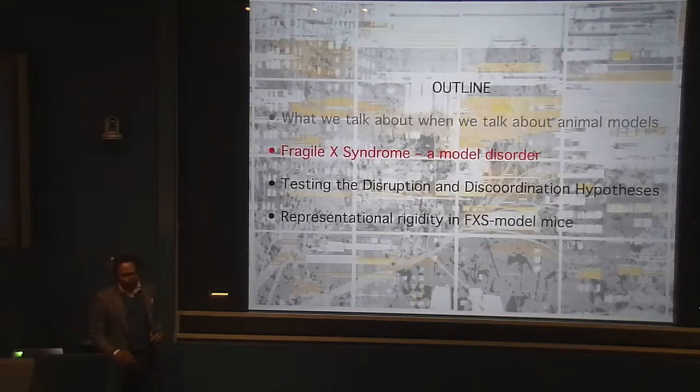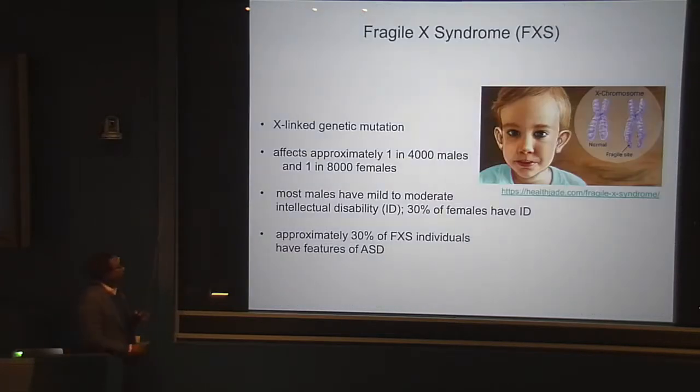So let's talk about Fragile X syndrome. In some sense, pardon the pun, it is itself a model disorder. Why is it a model disorder? Well, it turns out to be popular as disorders go. It's an X-linked genetic mutation. It affects 1 in about 4,000 males and about half as many females.